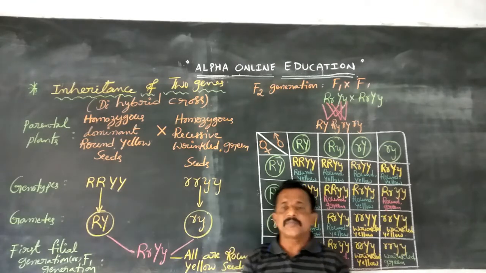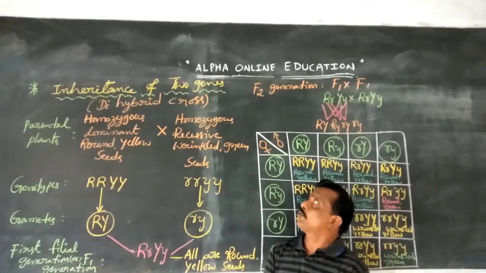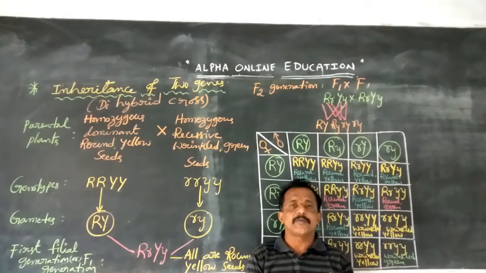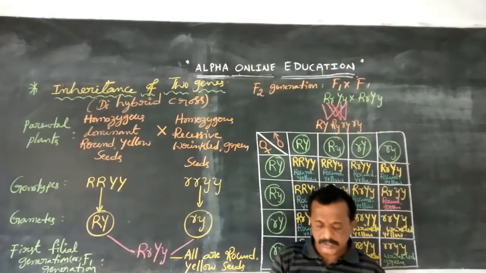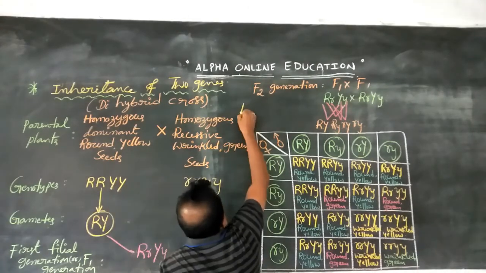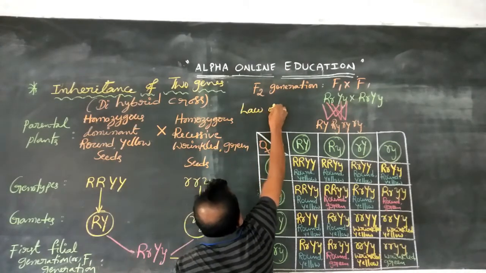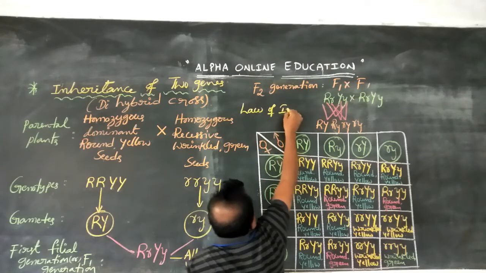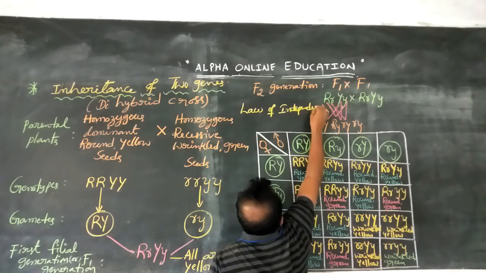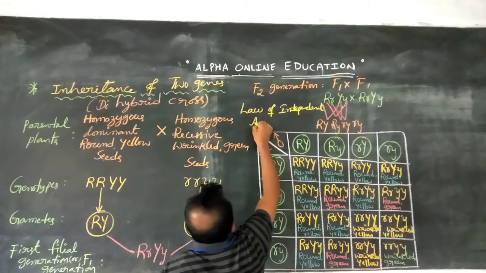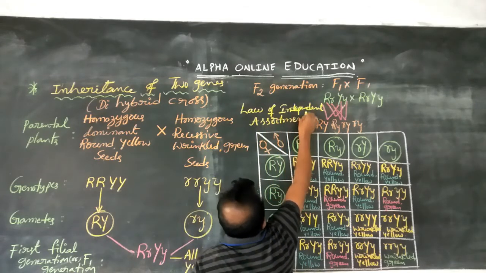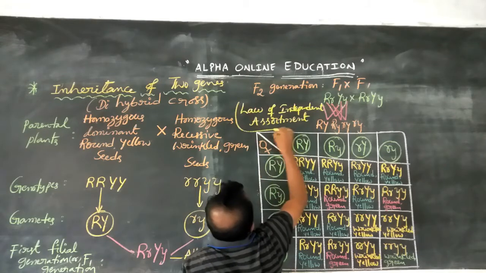But the inheritance of two genes, the dihybrid cross, is based on one principle or law, called the law of independent assortment.